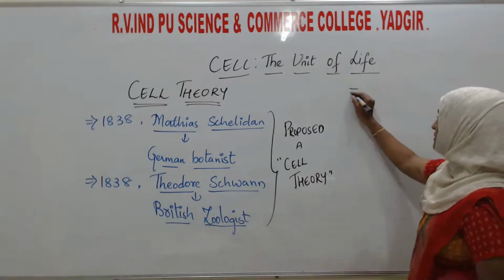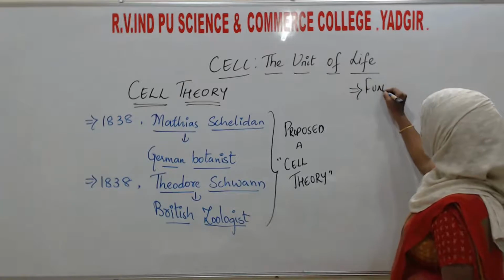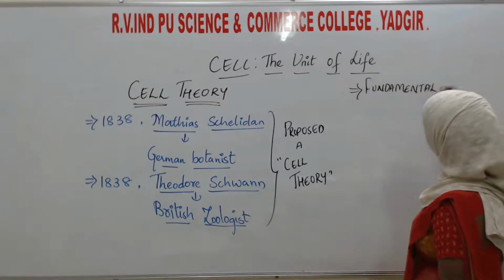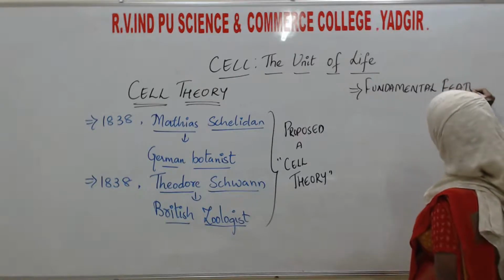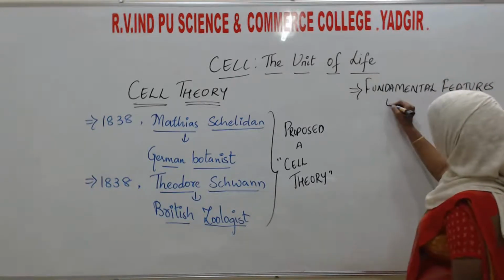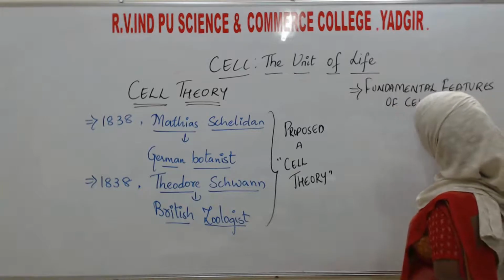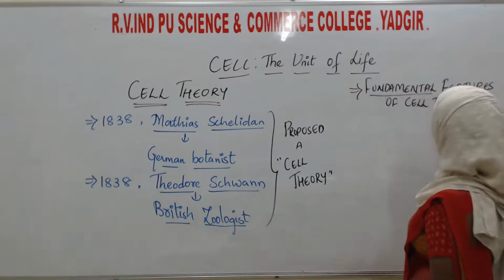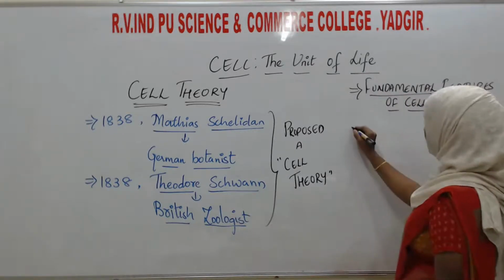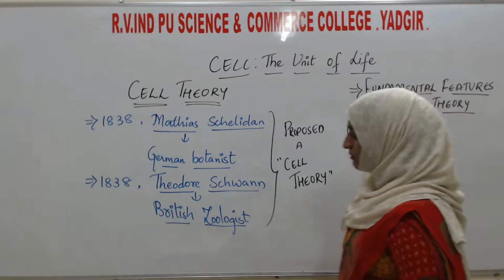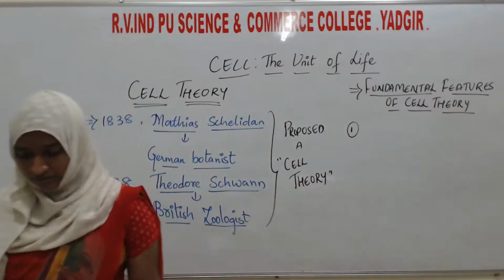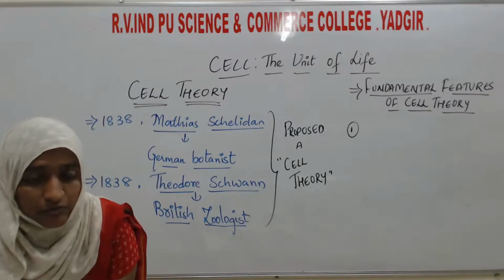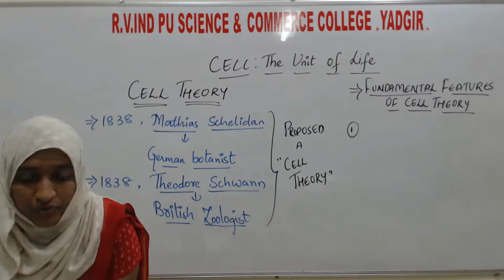Here I will write the fundamental features of cell theory. Before going to the first one, I want to say that whatever living organisms are there, they are composed of cells, as we have said.